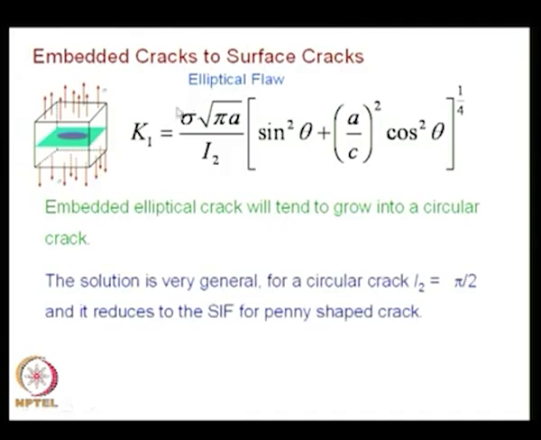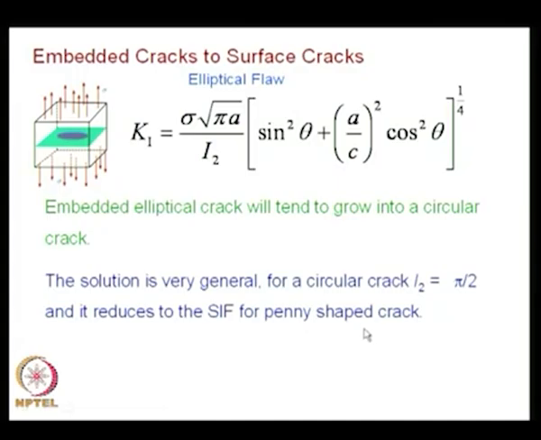People looked at this solution very carefully, and when you say I2 equal to pi by 2, the expression that you have got reduces to the SIF for a penny shaped crack.